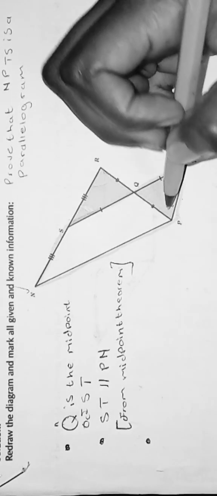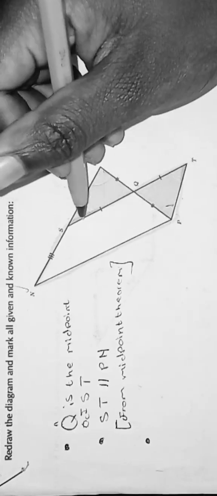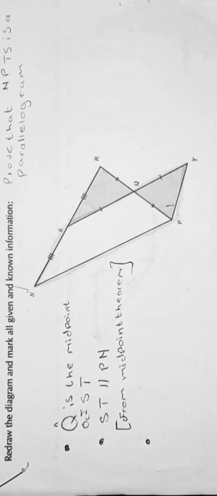So this angle P corresponds with angle R, and also that T corresponds with angle S, which makes them congruent triangles.